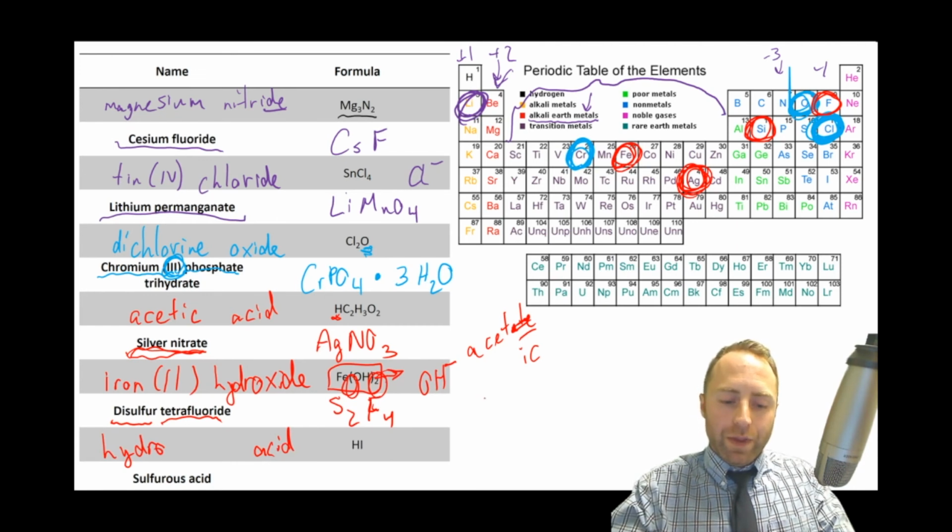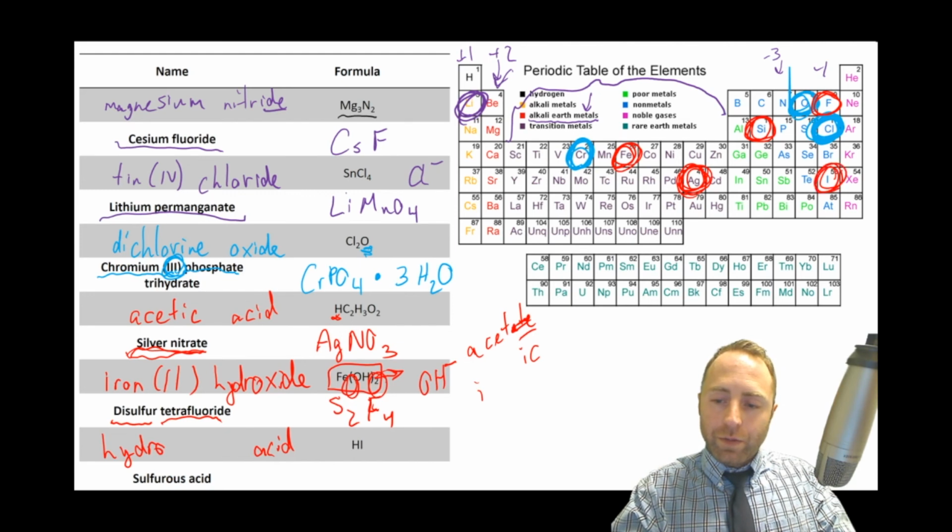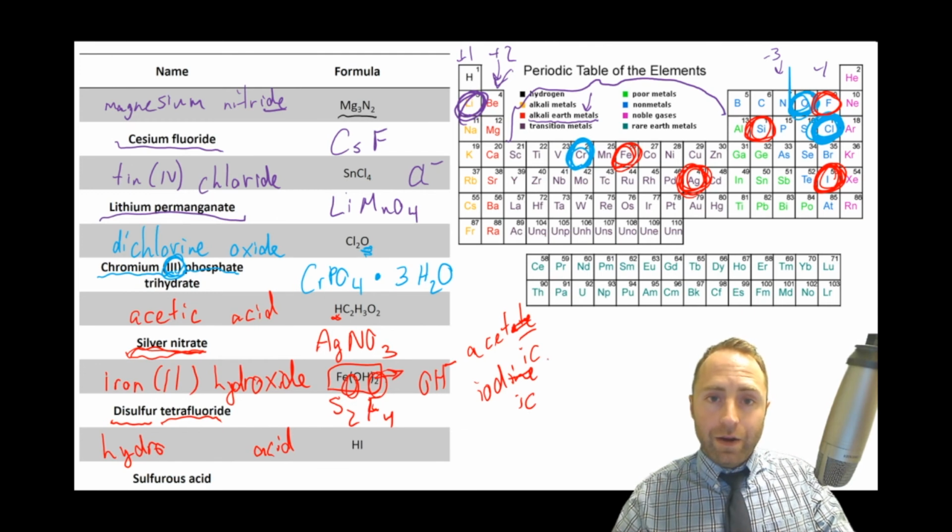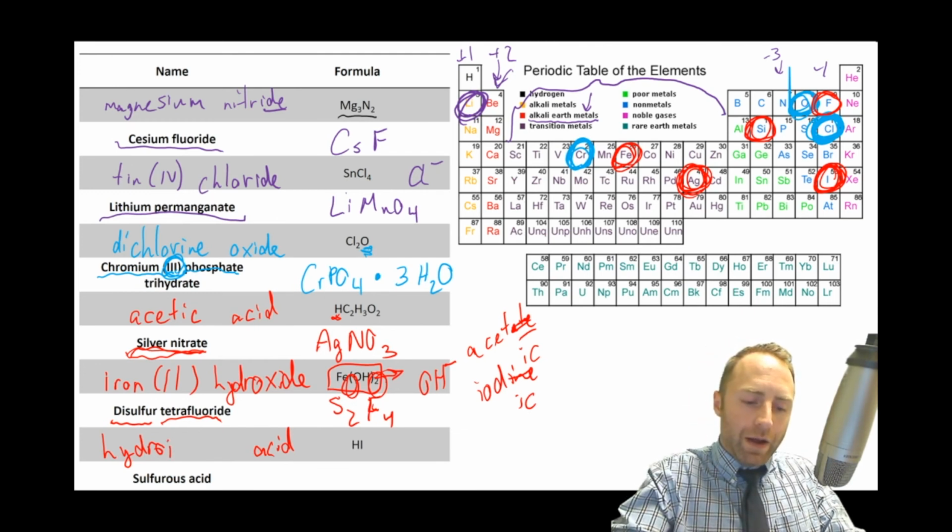What are we going to do with the I? That's iodine on the periodic table. We drop that INE and put the ic there. That's how our acid naming rules for binary acids go. So we have hydroiodic acid.